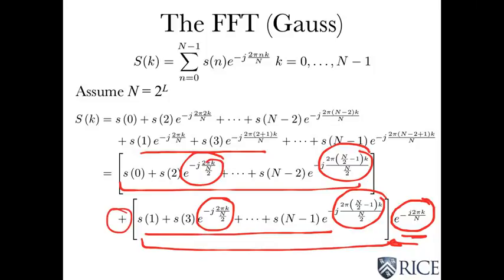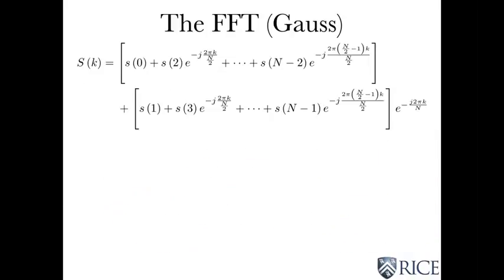Again, this hasn't saved any work yet. In fact, it may look like we're going to have to do more work because we're going to have to multiply by this thing to use this result. Gauss has a little surprise for us. So let's look at this expression again.